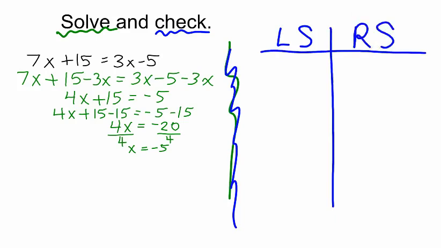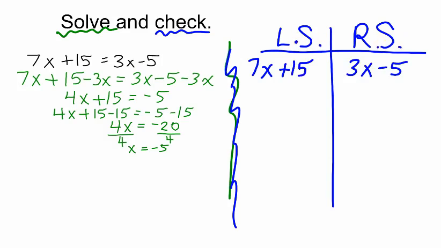So we set up a little t-chart like this, and we're going to write the left side of the equation, 7x plus 15, on this part, and over here we're going to write 3x minus 5. So what have I done? I've just taken the original equation and written the left side and the right side in their appropriate spots.